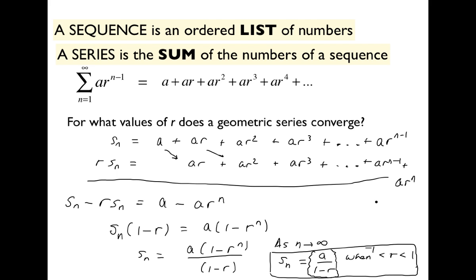If r is outside of those, then your sum is going to diverge, because by the divergence theorem, if the sequence diverges, which it does for r outside this range, then the sum diverges. Questions on that little proof of the sum of a geometric series and when it converges?